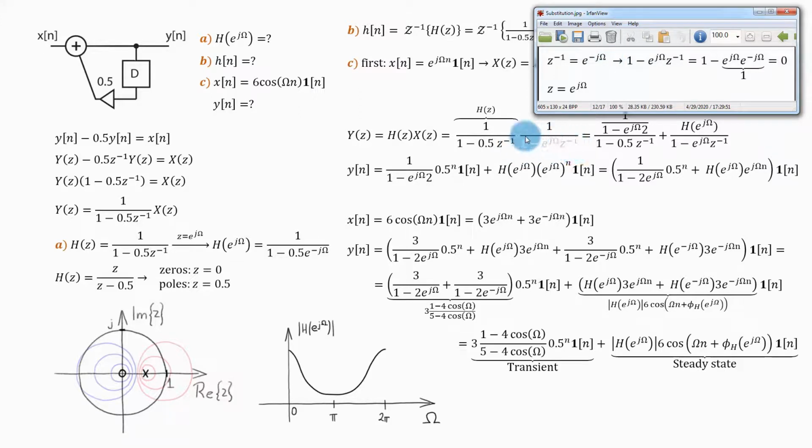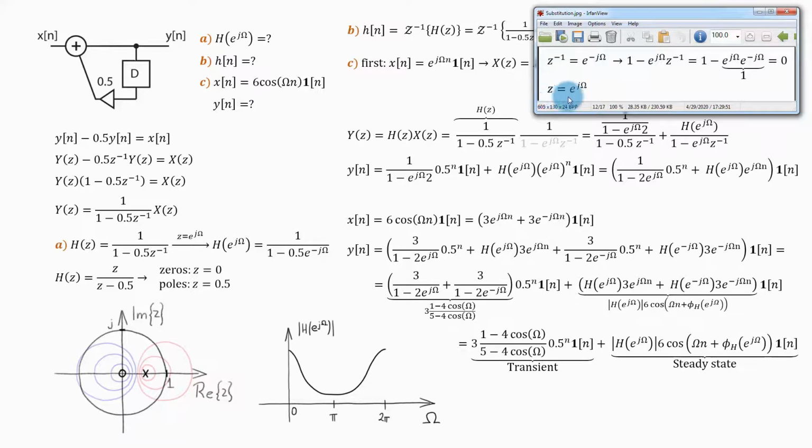So now I cover this up and I will substitute this root into this expression. And this expression happens to be the transfer function of my system. So I will be substituting this into the transfer function. And it also happens that this is equivalent to this. So instead of this, I can make the substitution that e to the j omega is equal to z.